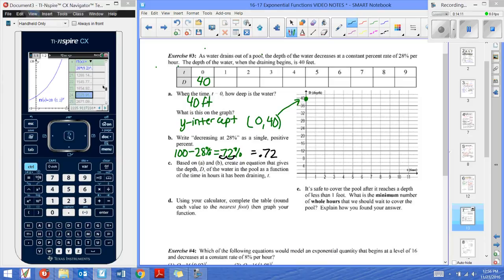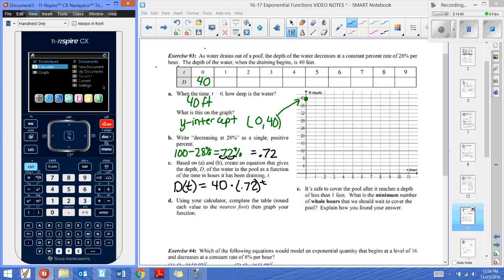C says based on the two parts above, let's come up with an equation that will give us D. So D of time, we're going to put in time and it's going to predict the depth. We start at 40, our y-intercept, and we will multiply repeatedly by 72% because we're losing that 28% every single hour.